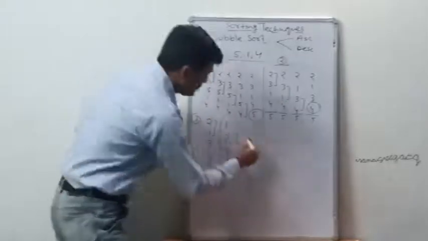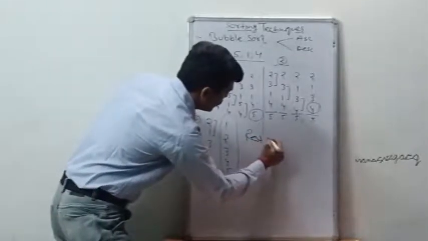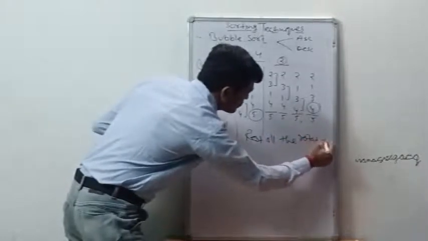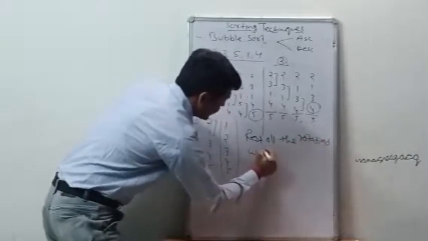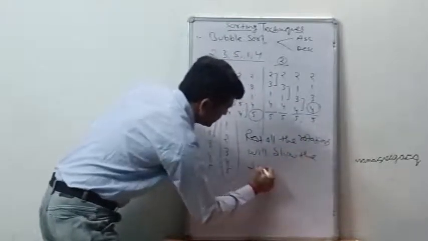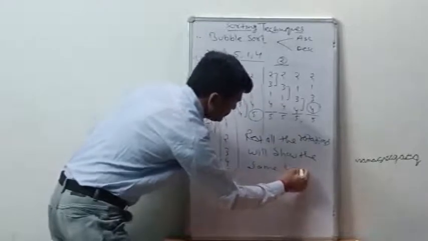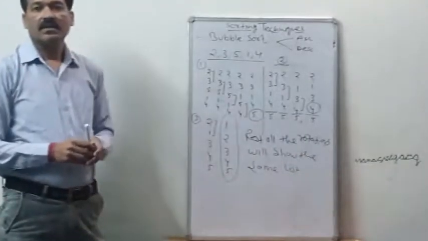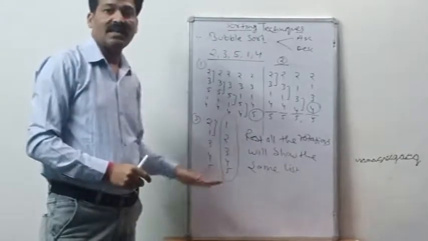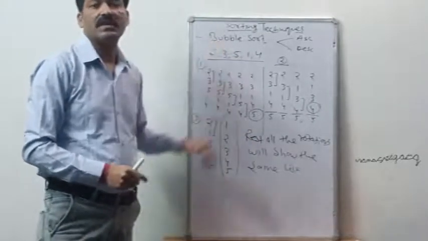So we can say the rest of the rotations will show the same list. So the list is sorted in ascending order by using the bubble sort method.